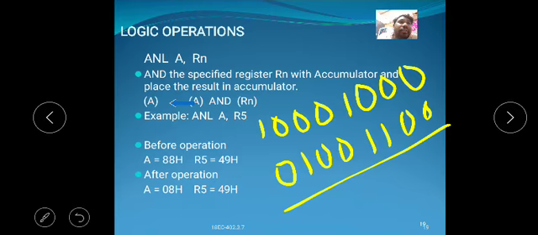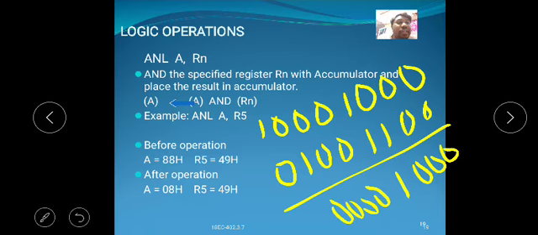The result is 0 0 0 0 1 0 0 0. That means 08 is the answer.